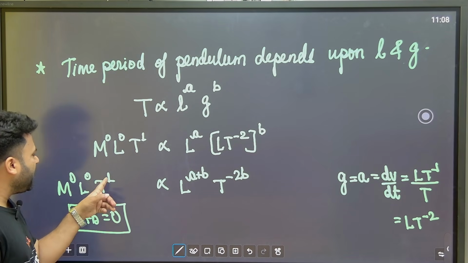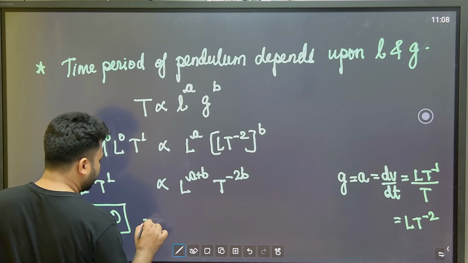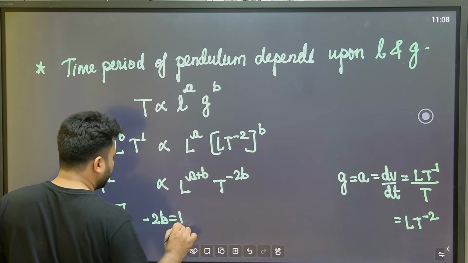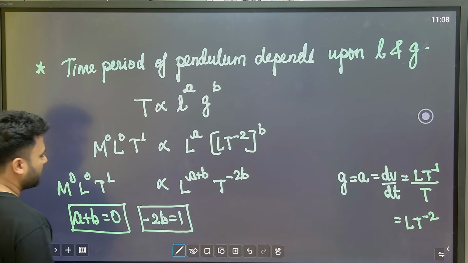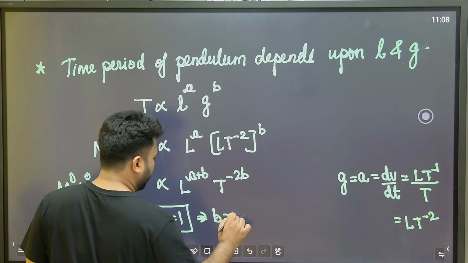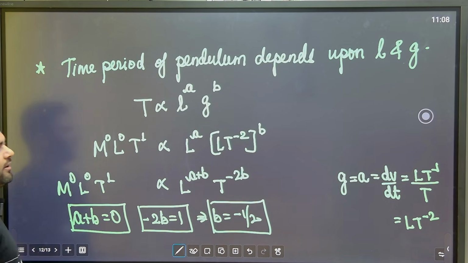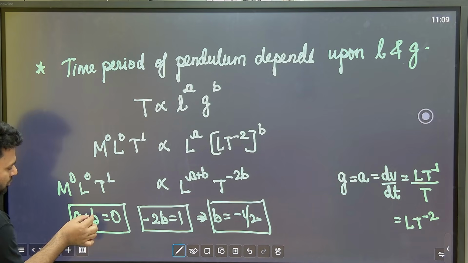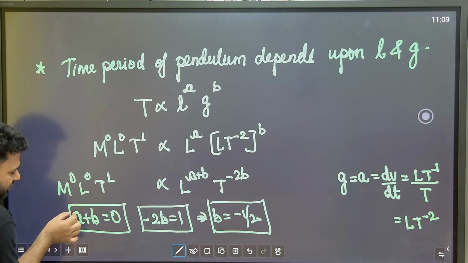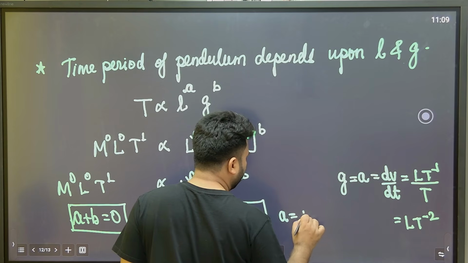Second, time power is 1 and time power is minus 2b, means minus 2b should be equal to 1. So b equals minus 1 by 2. And if b equals minus 1 by 2, you put here minus 1 by 2 plus 1 by 2 will be equal to 0. So a is coming out to be plus 1 by 2.